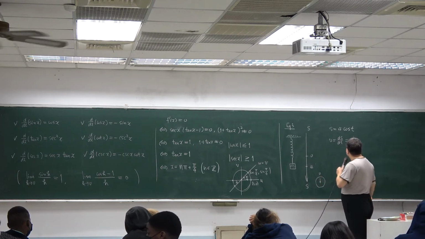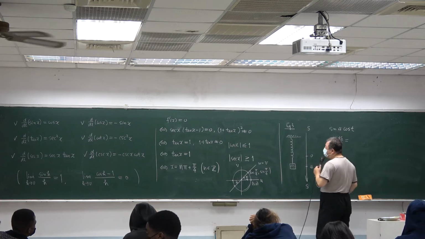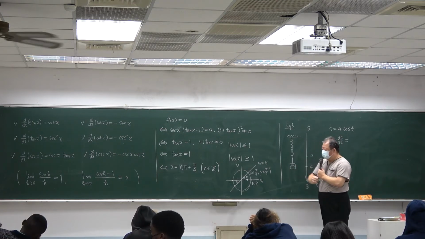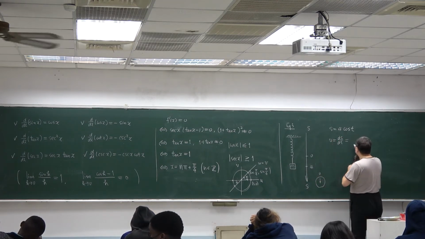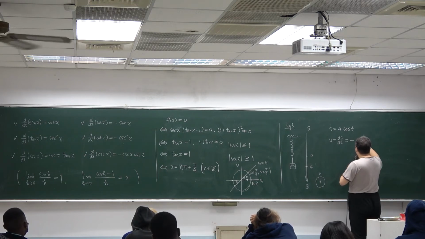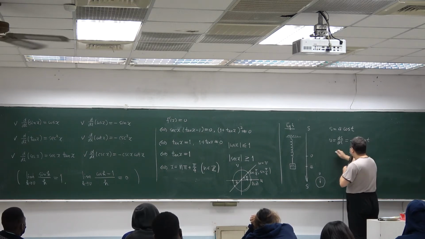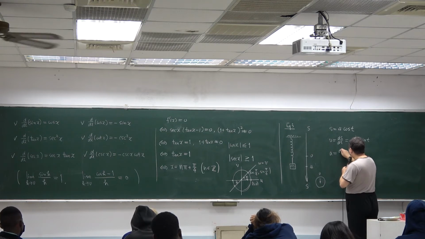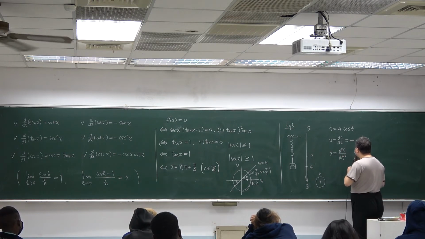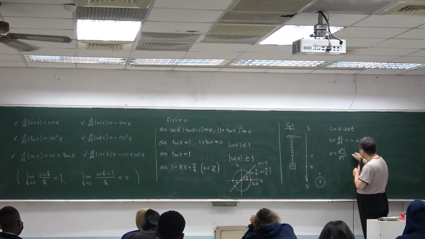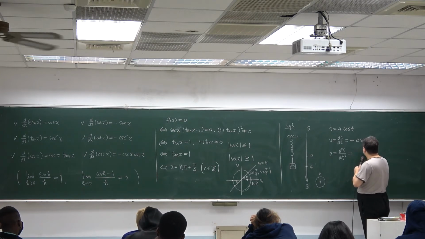The derivative of cosine is minus sine, so v is minus 4 sine t. And the acceleration is the second derivative of s with respect to t. The derivative of sine is cosine.